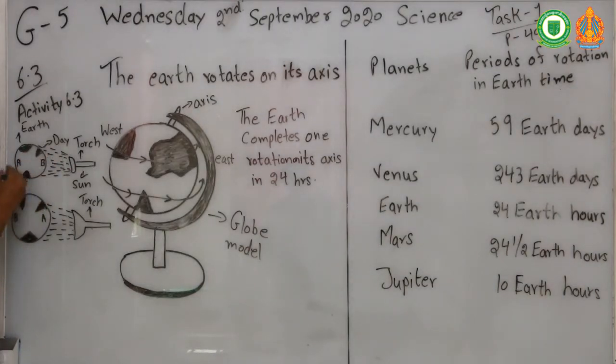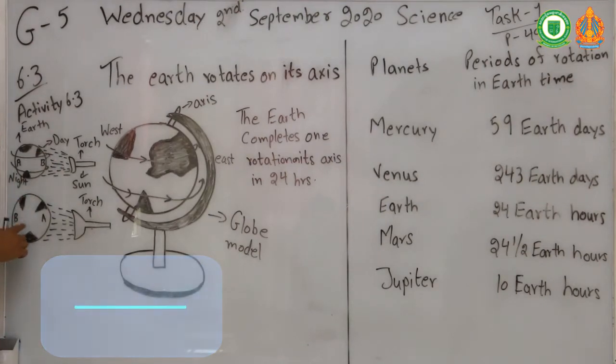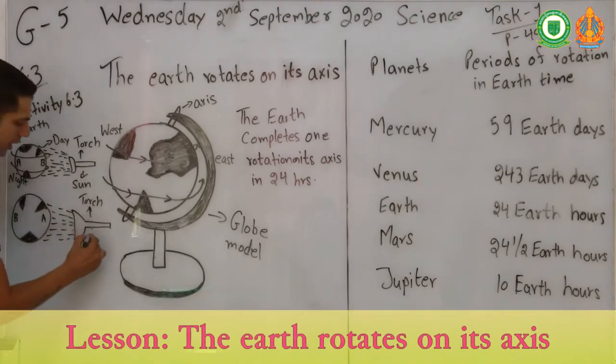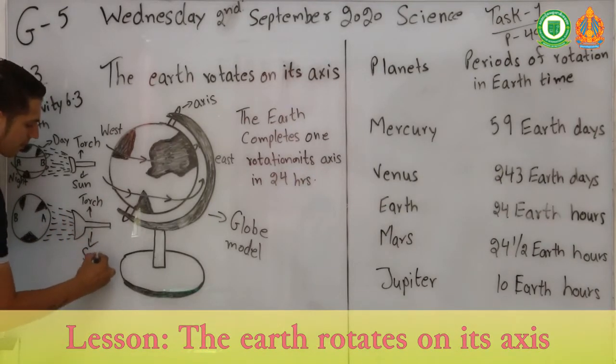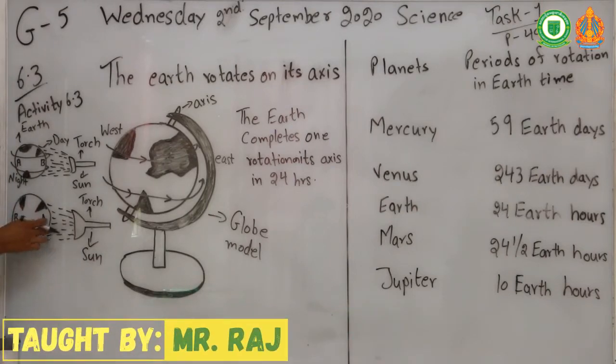This side has night. Now the Earth rotates anti-clockwise like this. When it rotates, the A part comes in front of the sun and the B part goes on the other side.